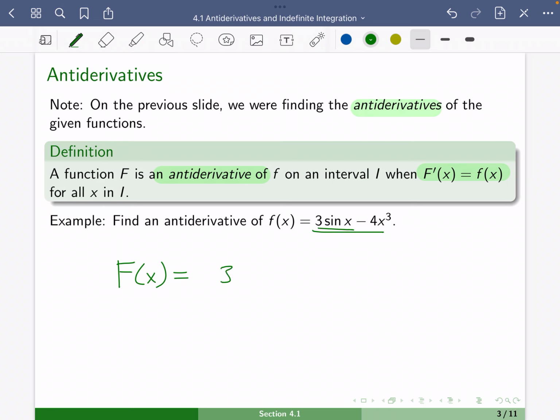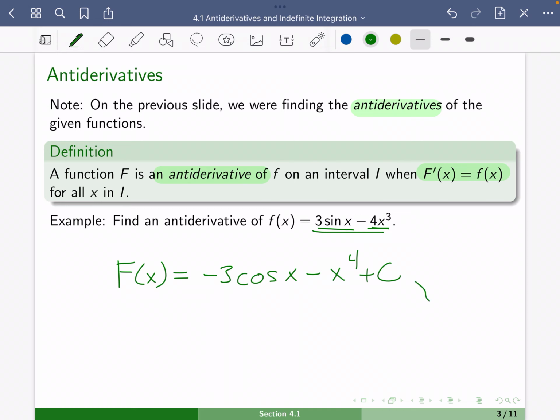Well, sine x is pretty close to the derivative of cosine x. But remember, the derivative of cosine x is negative sine x. So we need to have a negative here. And this 4x cubed is going to have come from x to the 4th. And don't forget plus c.